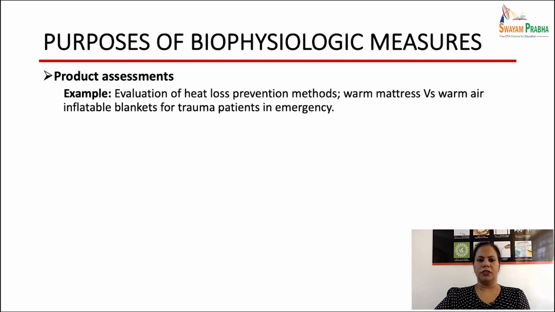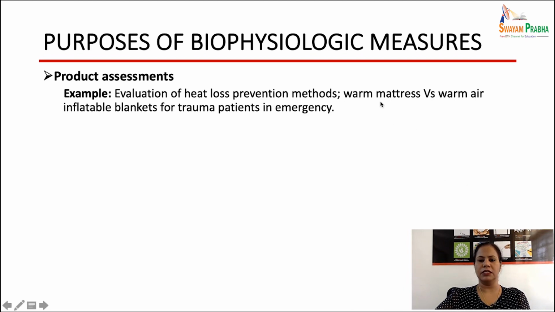Another purpose of biophysiological measurement is product assessment. Sometimes we might be using new equipment, new instruments, or new products which come into the hospital, and we want to know what the effect of these products is. So, for example, evaluation of heat loss prevention methods.